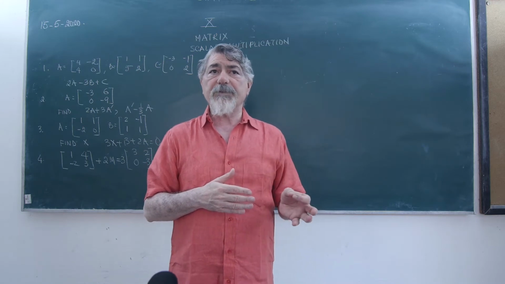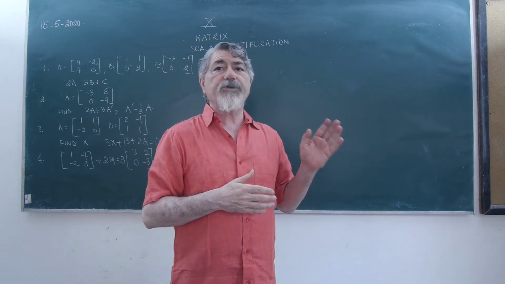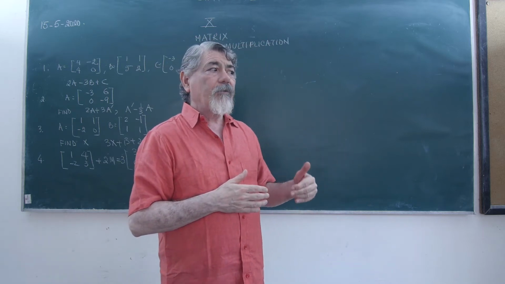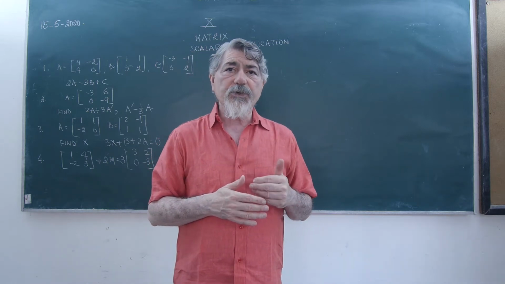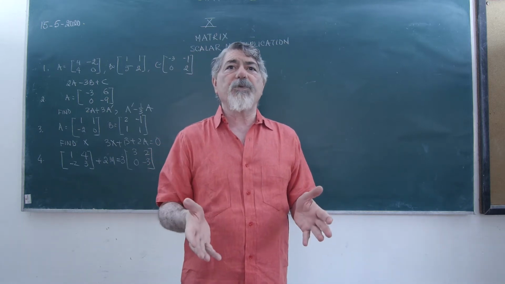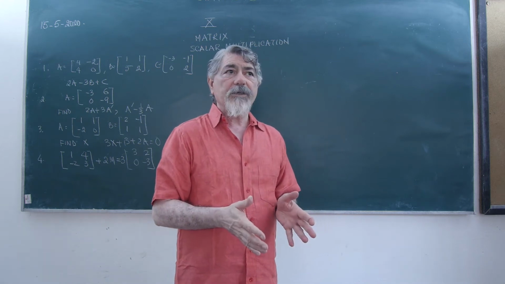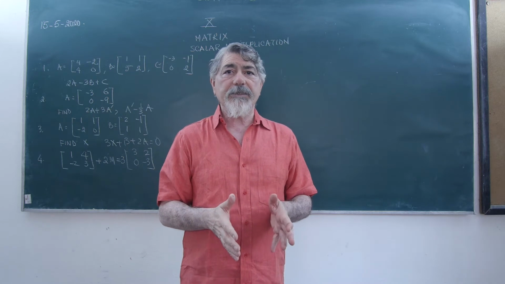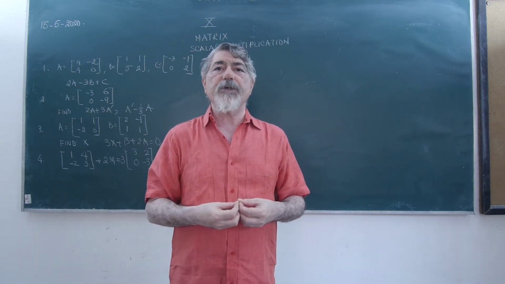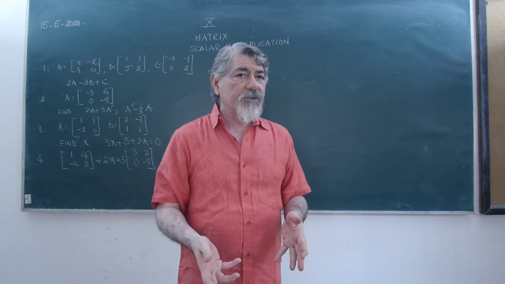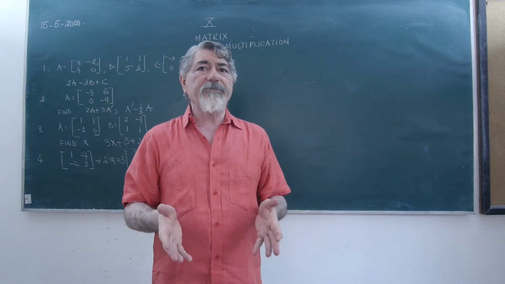When I said principal diagonal, it starts from top left to the bottom right, and for a matrix to be a diagonal matrix, it has to be a square matrix, because a diagonal is possible only in a square matrix. And we talked about the unit matrix, where the elements of the principal diagonal are one and the rest are zero.